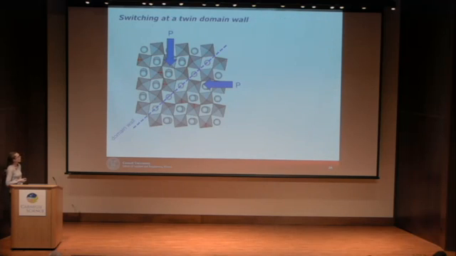Just to draw a schematic of that, suppose we have some domain wall here in this purple line, and these red arrows denote how the octahedra are tilting. We could imagine a switching process where, if you focus just on this octahedron here, it can change its tilt by 90 degrees. Of course the real switching would involve domain wall motion, but this is a schematic picture. And this kind of process would correspond to the switching process we looked at.